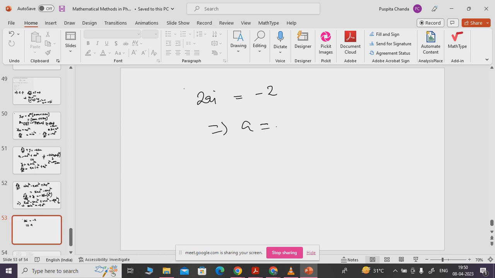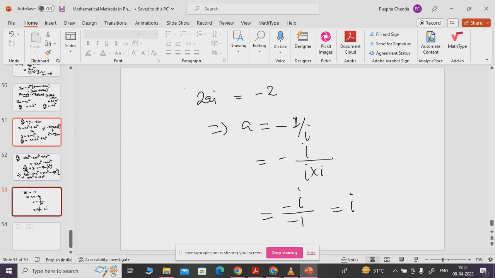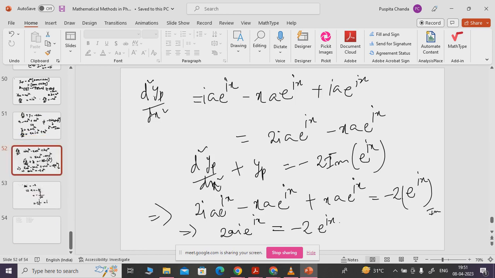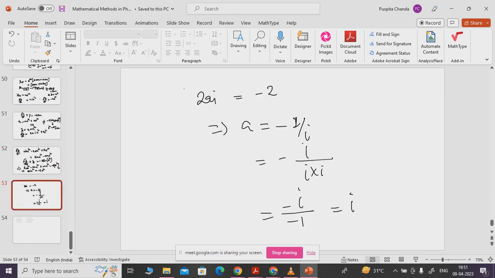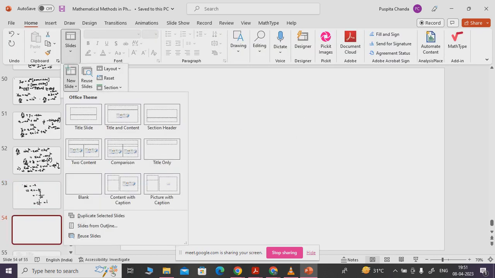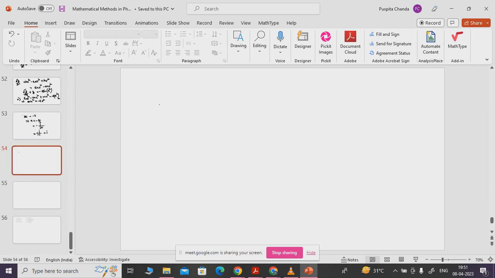So 2ai = -2, so a = -1/i. Minus 1 over i gives i. So a is equal to i.